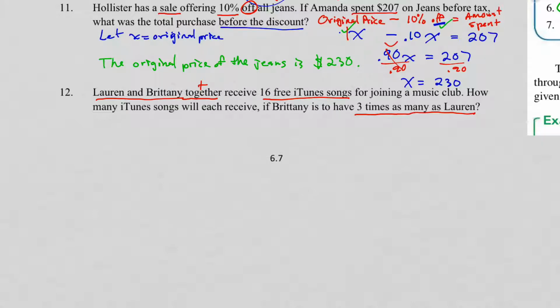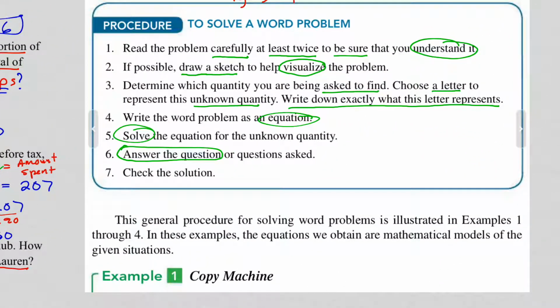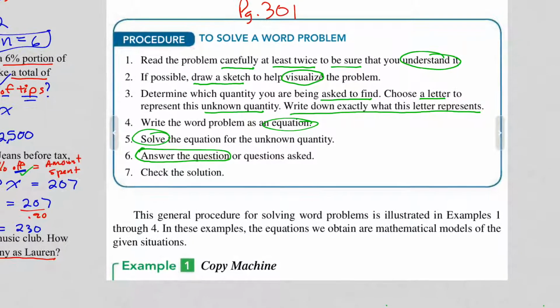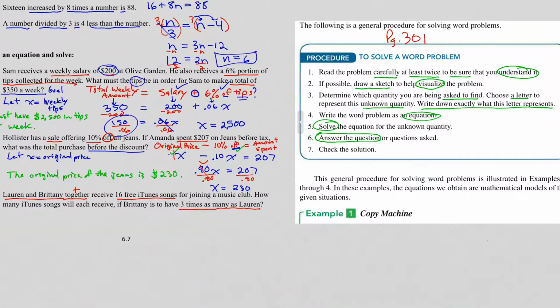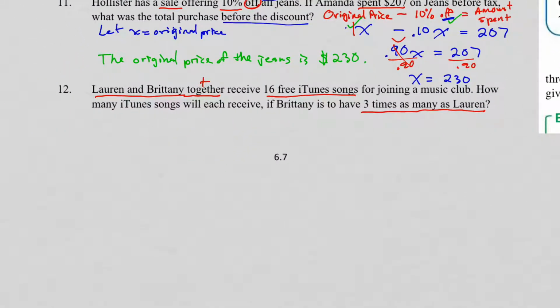So let's put this in perspective here. Let's visualize. We still don't have an actual picture, but we can visualize. We got 16 free songs, and Lauren and Brittany are going to share that. So Lauren plus Brittany together are going to receive 16 iTunes songs.